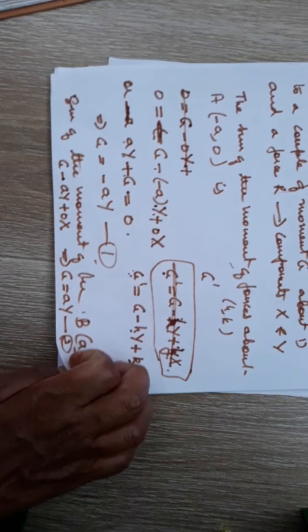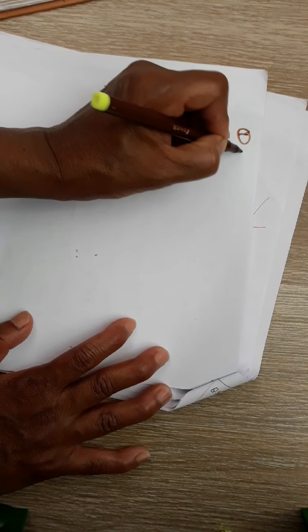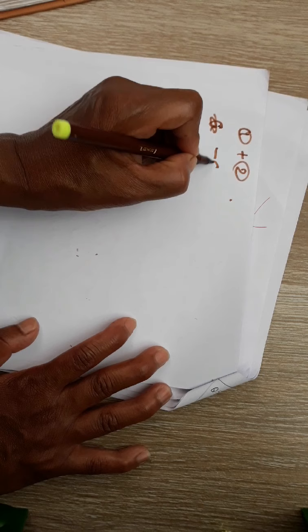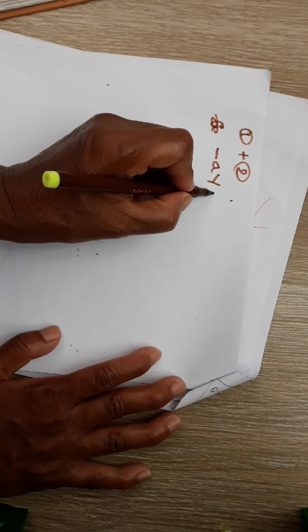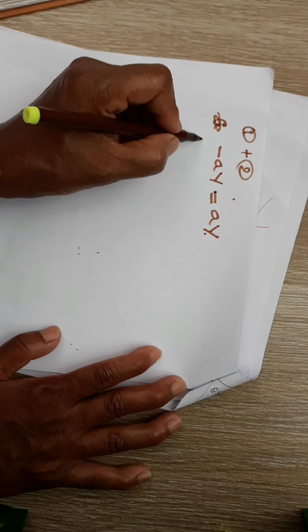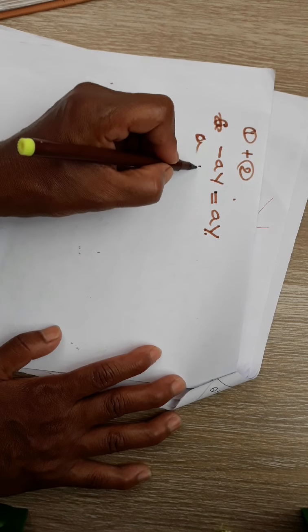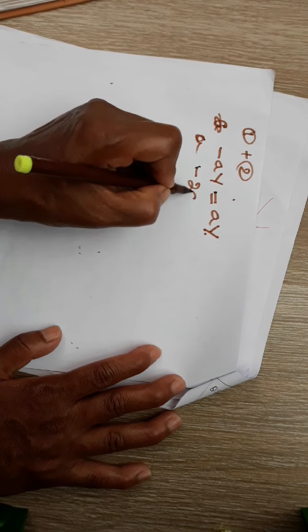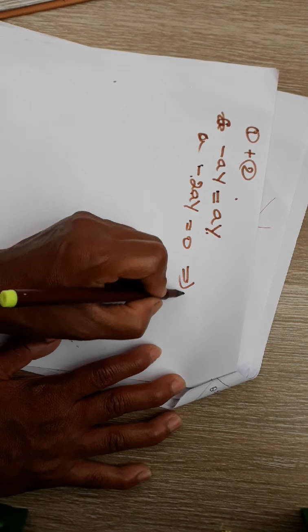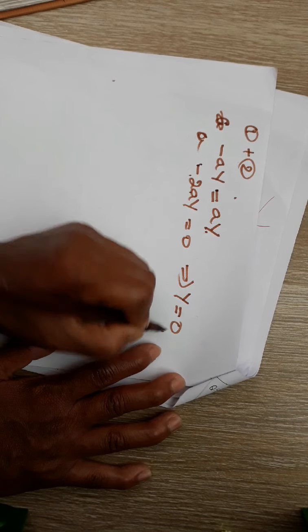Now from 1 and 2, to eliminate G, you just add 1 and 2. So G minus aY is equal to aY, or bringing it to this side, you get minus 2aY is equal to 0. Since a cannot be equal to 0 and 2 cannot be equal to 0, this implies that Y is equal to 0.